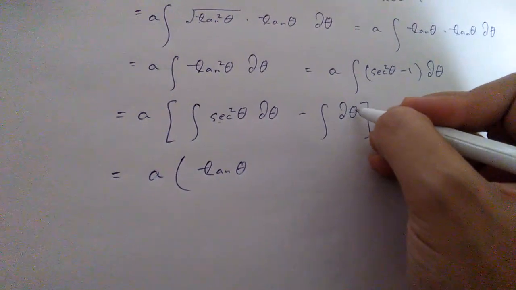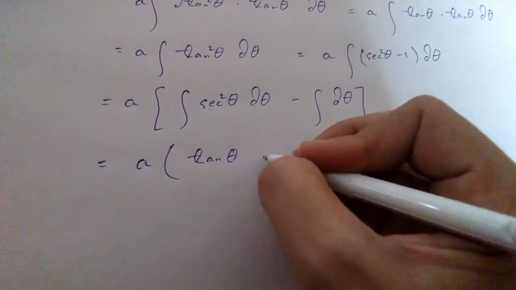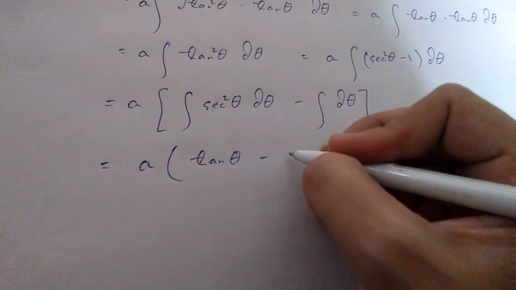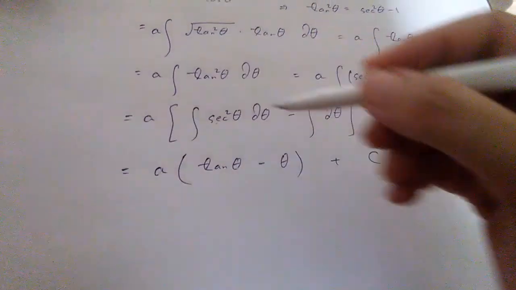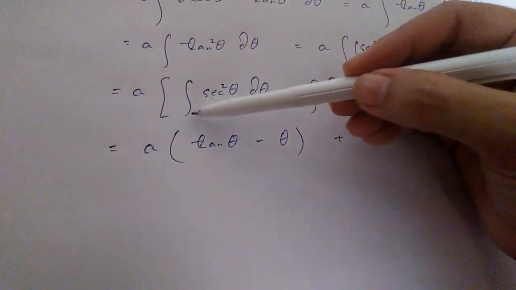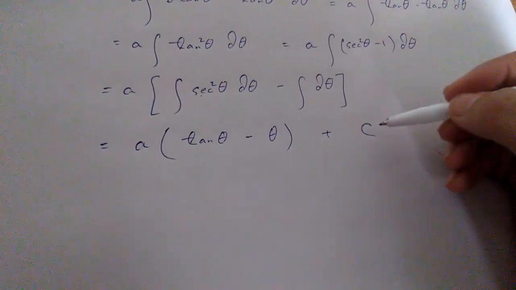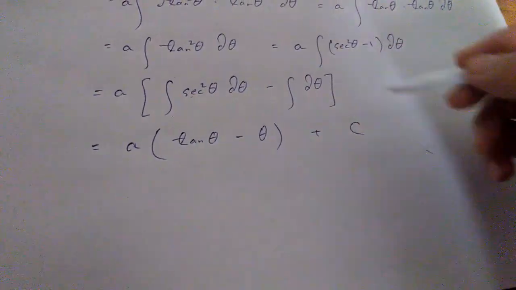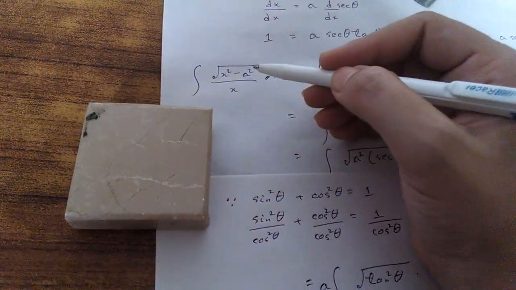So whatever variable is attached with the operator, you simply write that variable after integration. So it is theta, plus some constant, because this is an indefinite integral. You don't have integral limits here. So once you get the solution, you just add some constant over here. So this is the answer of this function.